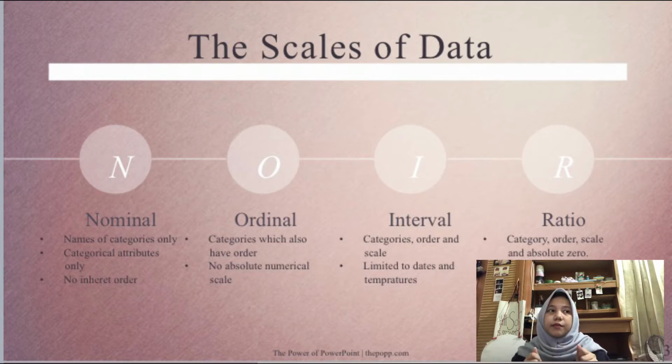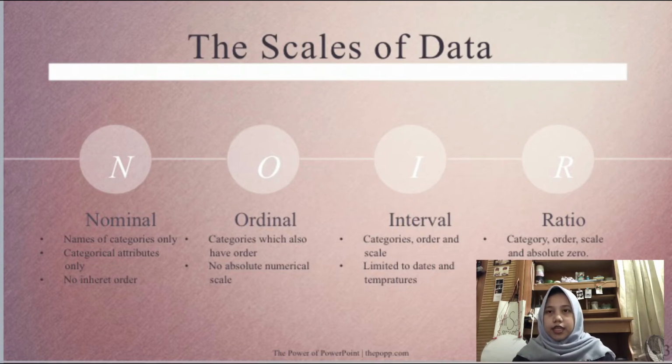Like the Likert type scale: strongly agree, neutral, disagree, and strongly disagree. And it can be sizes too, like XL, L, M, S, and XS. And also position rank in the class, like first rank, second rank, and third rank.